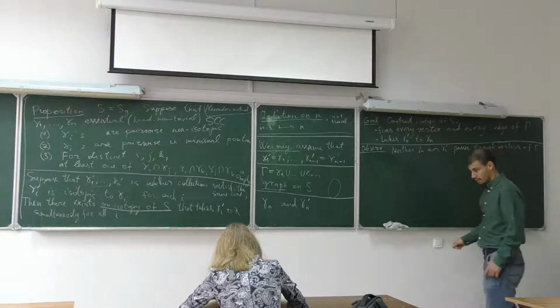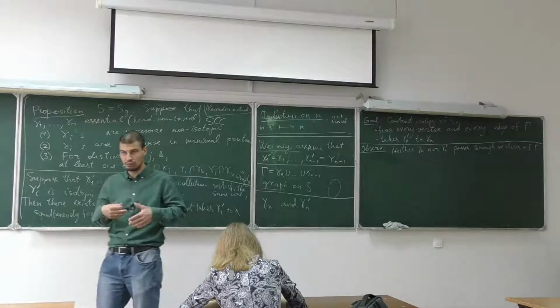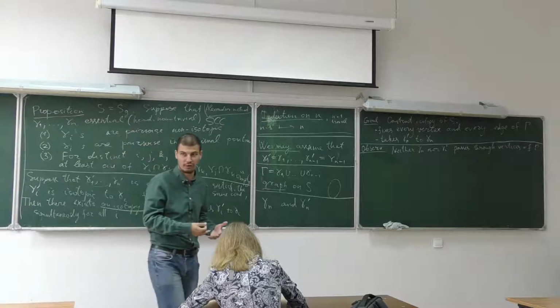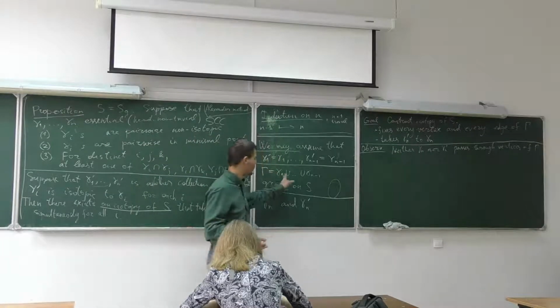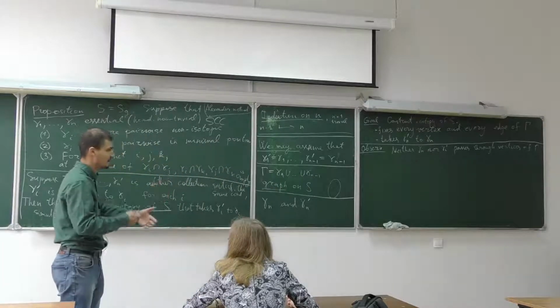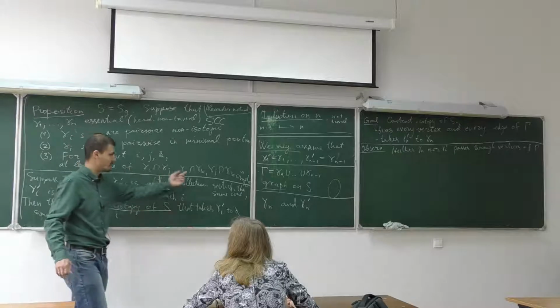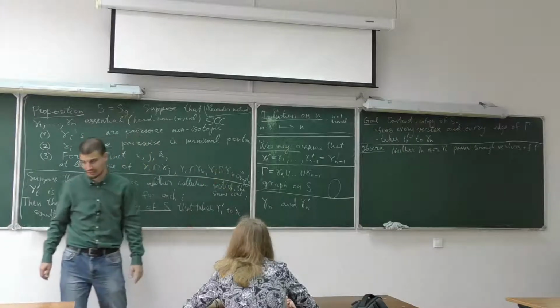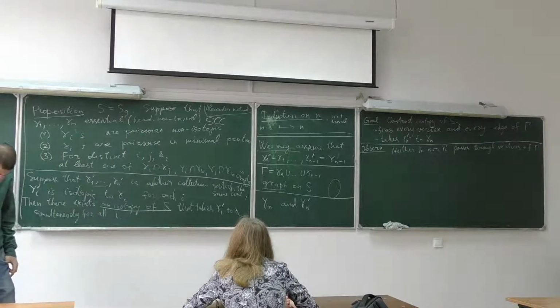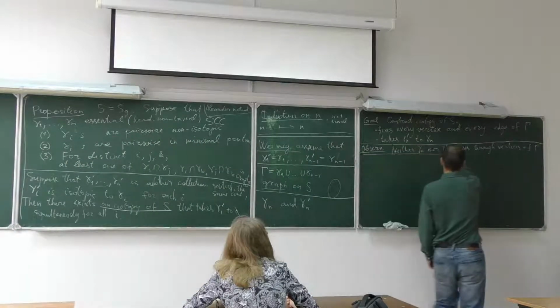Why? Because every vertex of gamma is an intersection of two of these n minus 1 curves. So if gamma n passes through this vertex, then we have a triple with all three intersections non-empty. So the same for gamma n prime.